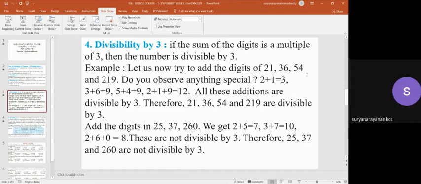Now, let us see one example. Are you able to see this A4 sheet, my dear children? No, sir. Okay, I will open that A4 sheet.